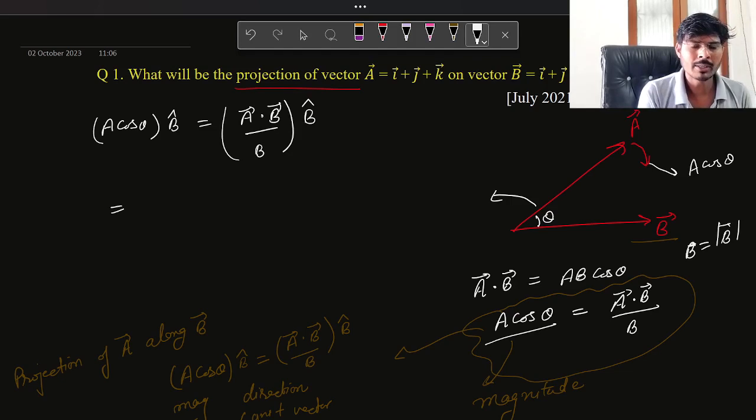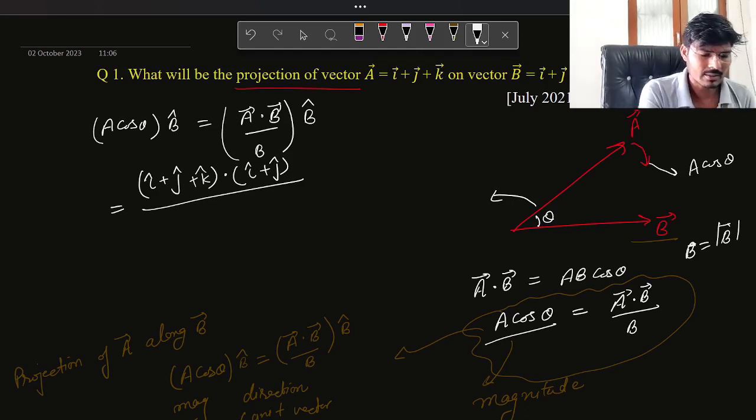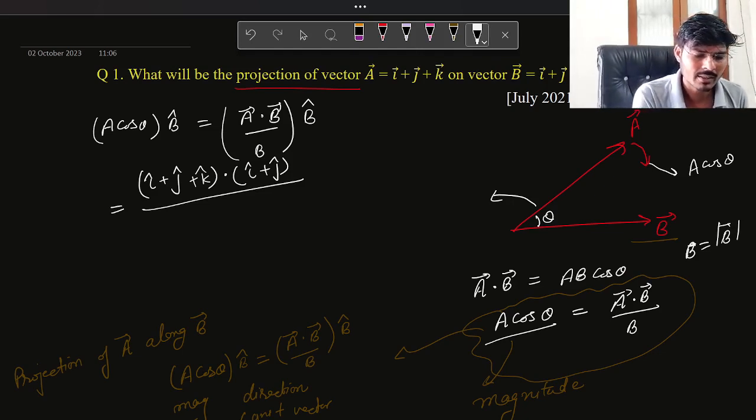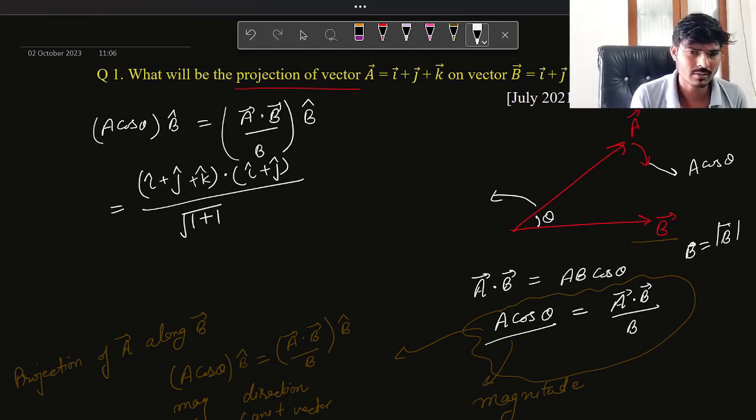And what will it be? A dot B, that is I cap plus J cap plus K cap dot product with I cap plus J cap, over the denominator, where we have B, that is magnitude of vector B. It will be 1 plus 1, that is ax square plus ay square.